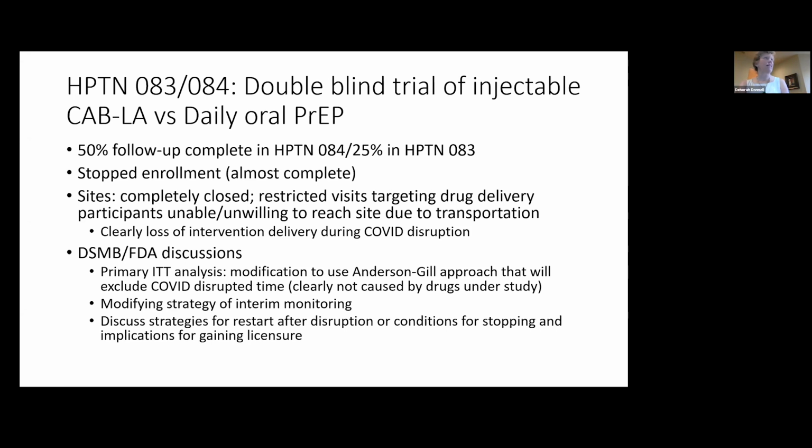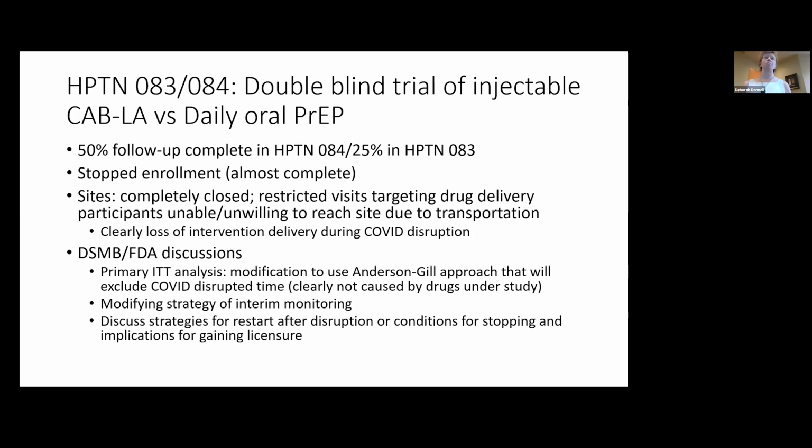These are trials: 083 is in MSM and transgender women, where we've enrolled 4,500 people. 084 is a trial that Jim Hughes is involved in, in sub-Saharan Africa, where we've enrolled over 3,000 women. So we are 50% through the follow-up in 083 and 25% through the follow-up in 084.